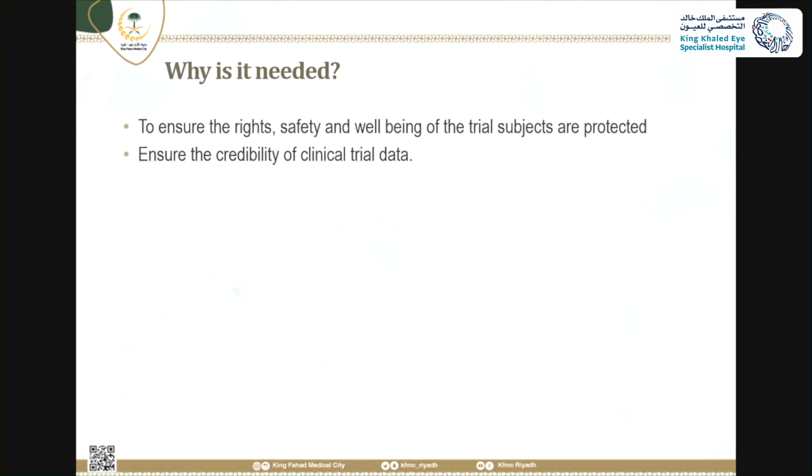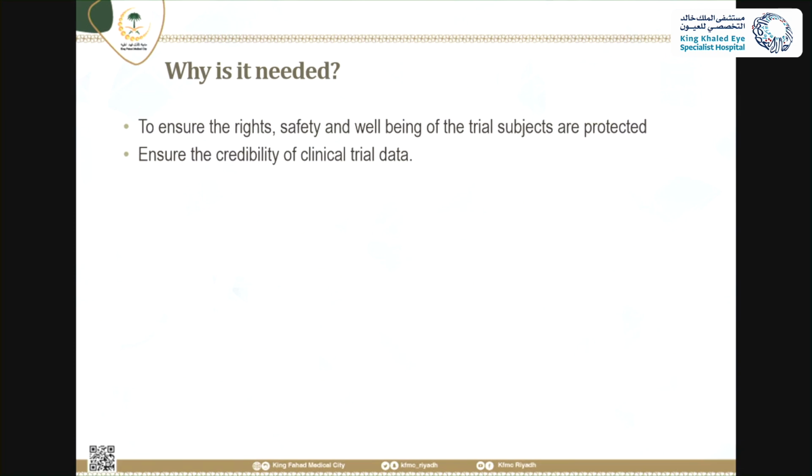We want to protect the safety and well-being of research subjects. The IRB will not approve any research that jeopardizes the safety of the research subjects. So they are at the front line to protect the safety of research subjects.